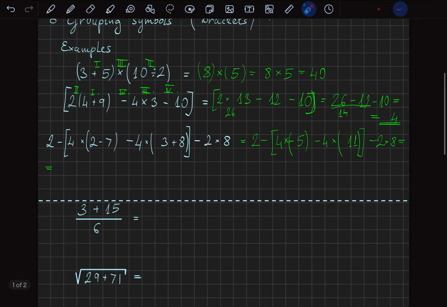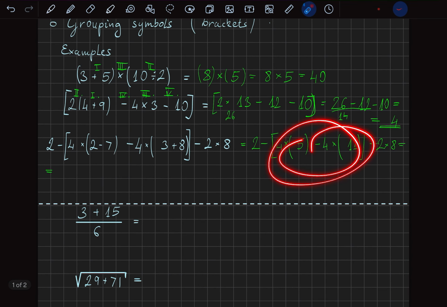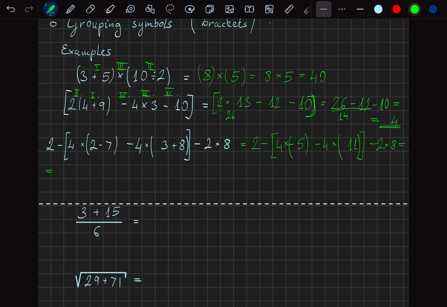Later we will solve problems like this. Okay, and it can be really tricky, so be careful, because if we connect the minus to the 4, then it's minus 4 times 11, and this minus sign, the subtraction sign, will be a minus sign too.